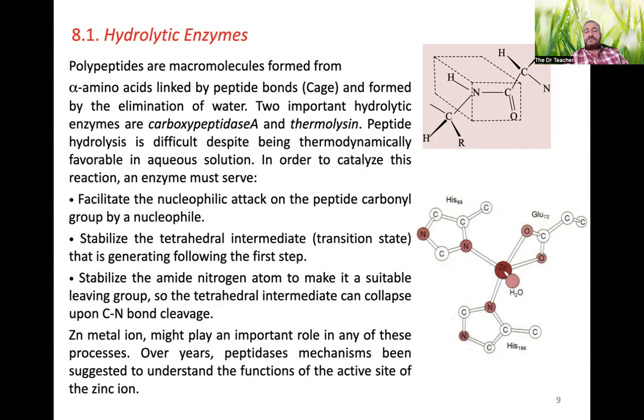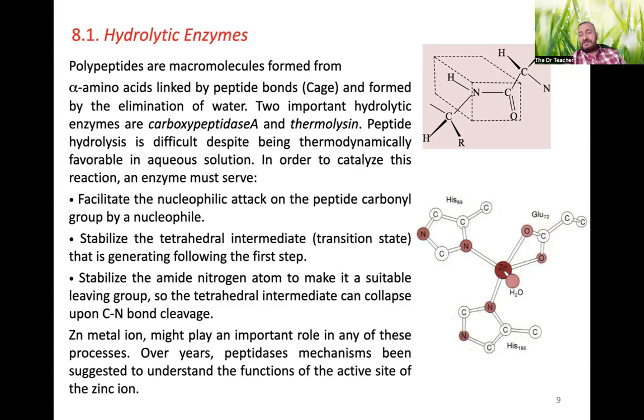Third, stabilize the amide nitrogen atom to make it a suitable leaving group so the tetrahedral intermediate can collapse upon C-N bond cleavage. So cleavage means breakdown. Zinc metal ion might play an important role in any of these processes. Over the years, peptidase mechanisms have been suggested to understand the functions of the active site of the zinc ion.